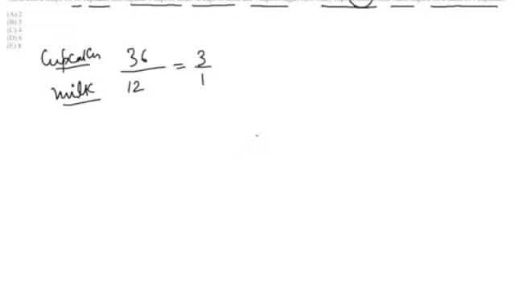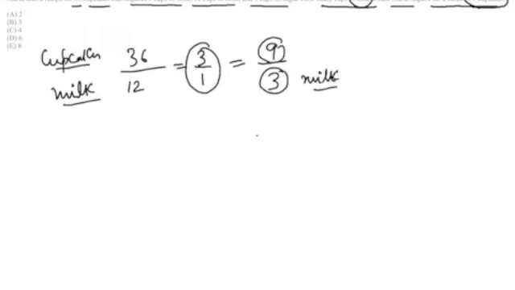Whatever quantity I make of that recipe, the ratio must remain 3/1. So if I need to make 9 cupcakes, I need 3 cups of milk. The ratio 3:1 is to be maintained. That's a very simple example.